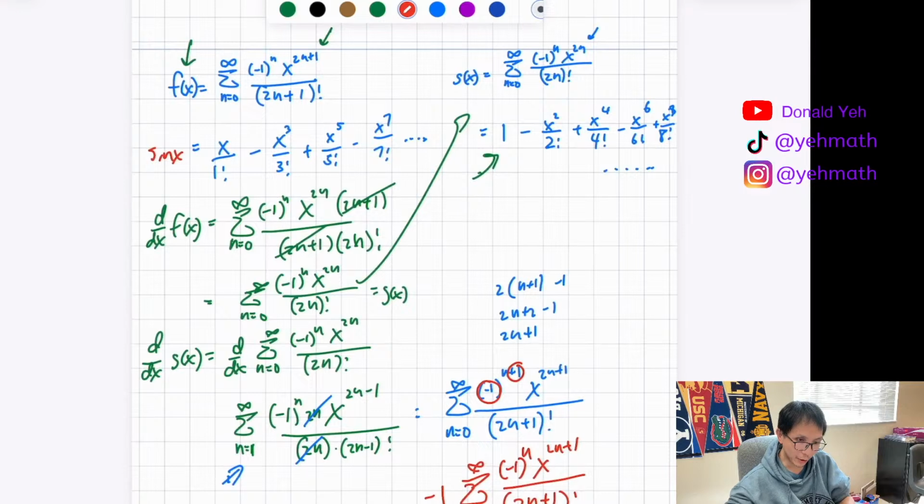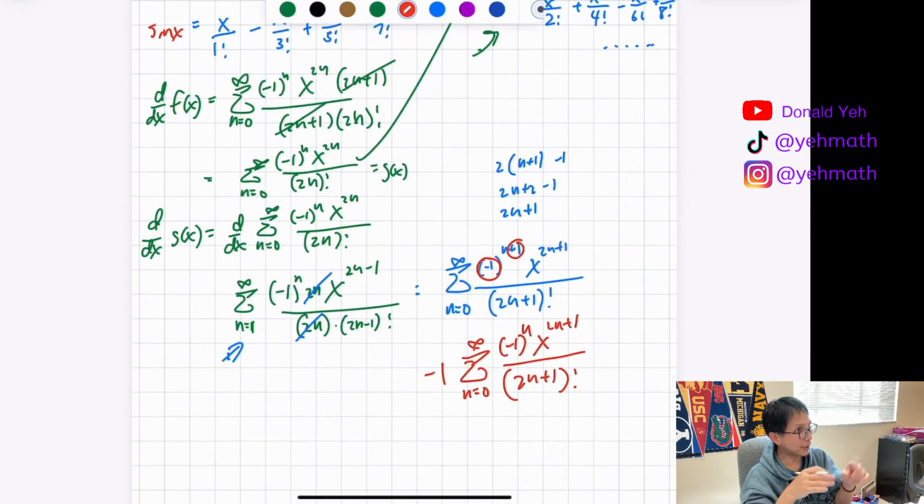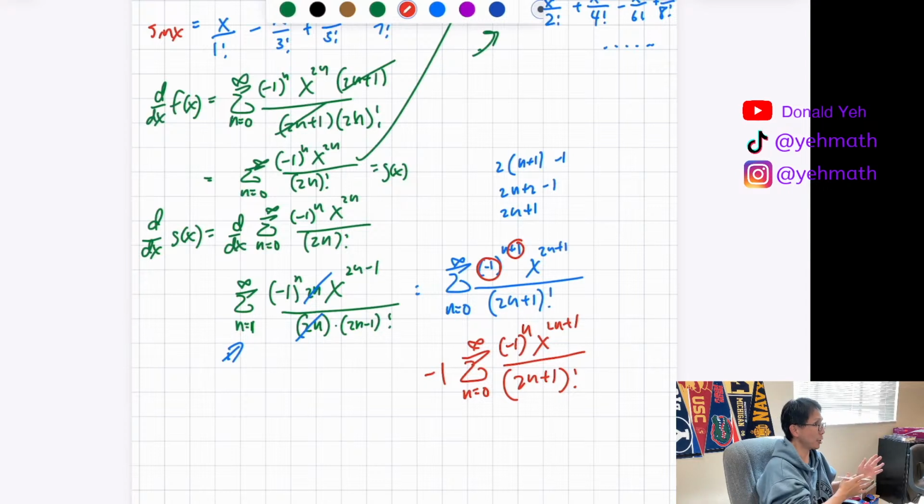Because we want to make it look like the original function. This one is f of x. Now, if it's negative 1 to the n plus 1, can I take that plus 1 all the way out to the front of the summation? Now, we know this is what? f of x, right?